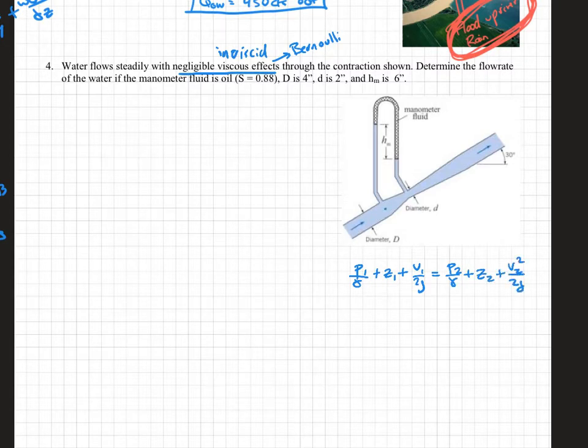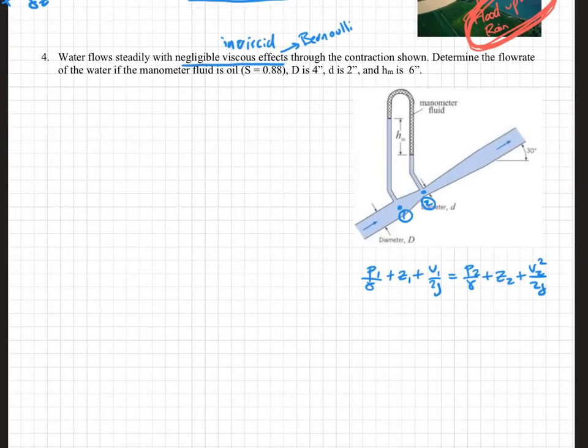I'm putting my points at the bottom of this manometer, because I want to take advantage of the manometer. So the only thing I'm going to do right off the bat is rearrange it like this.